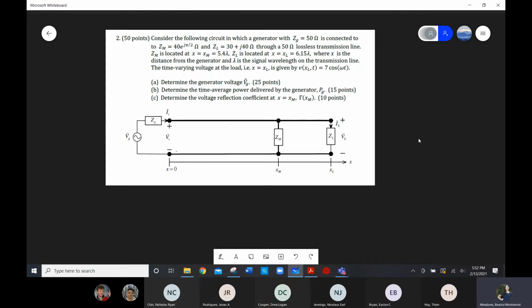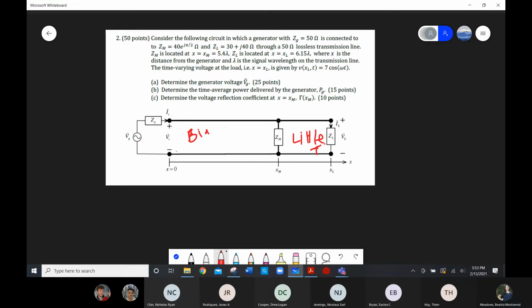You have what I'm going to call little t and big T. This might not happen, depends where this is located, but because this length is obviously smaller, that's why I'm calling this little t. I hope that's obvious. So you have a small one.